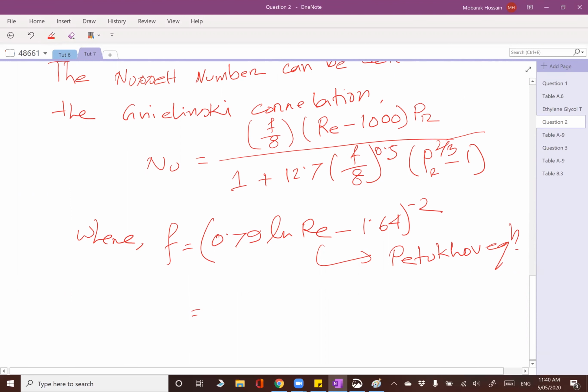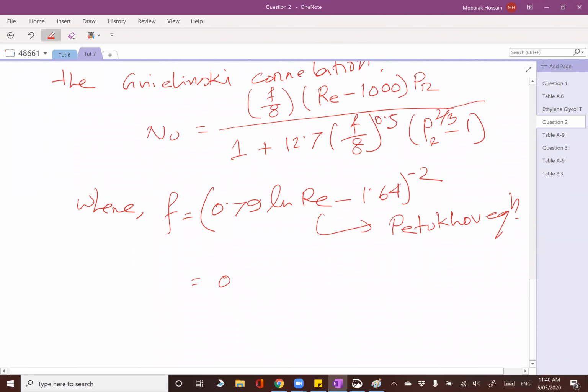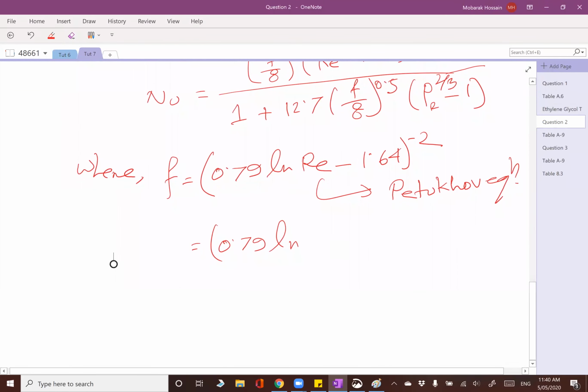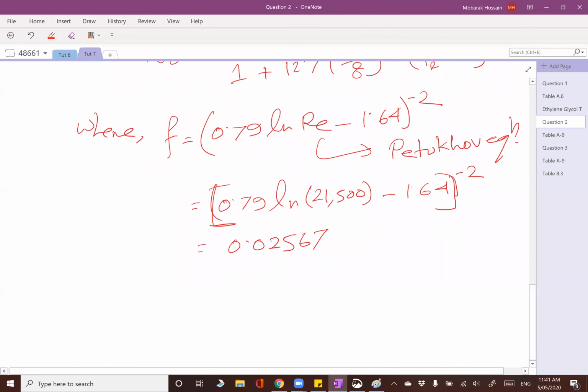Okay, first we'll calculate f. It is (0.79 ln of 21,500, minus 1.64) to the power negative 2. From here we get 0.02567.